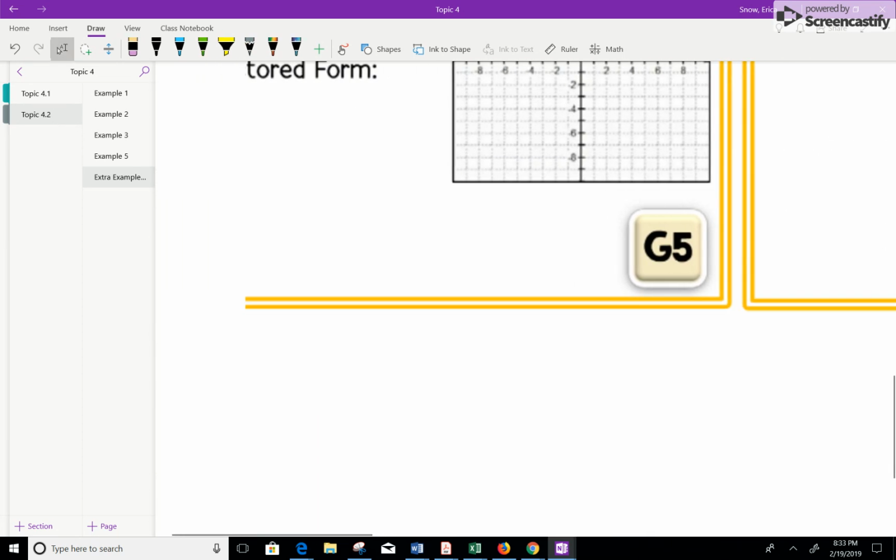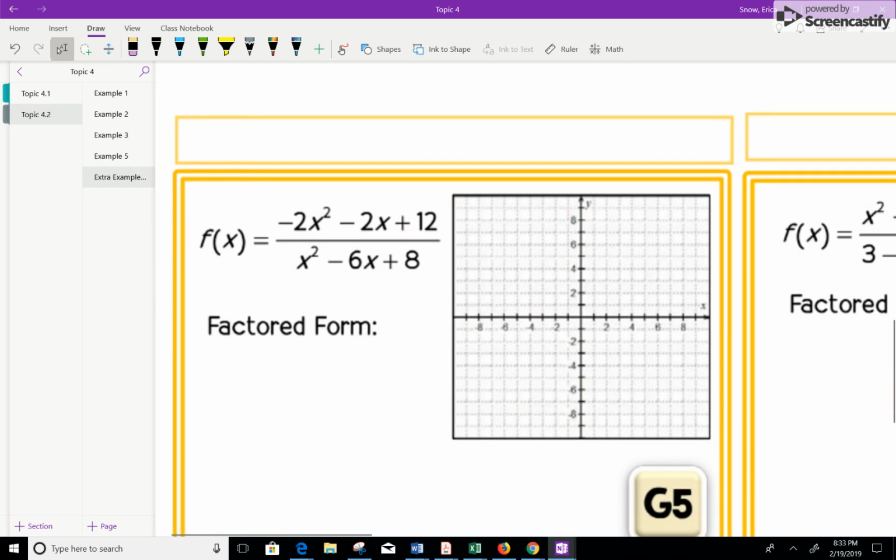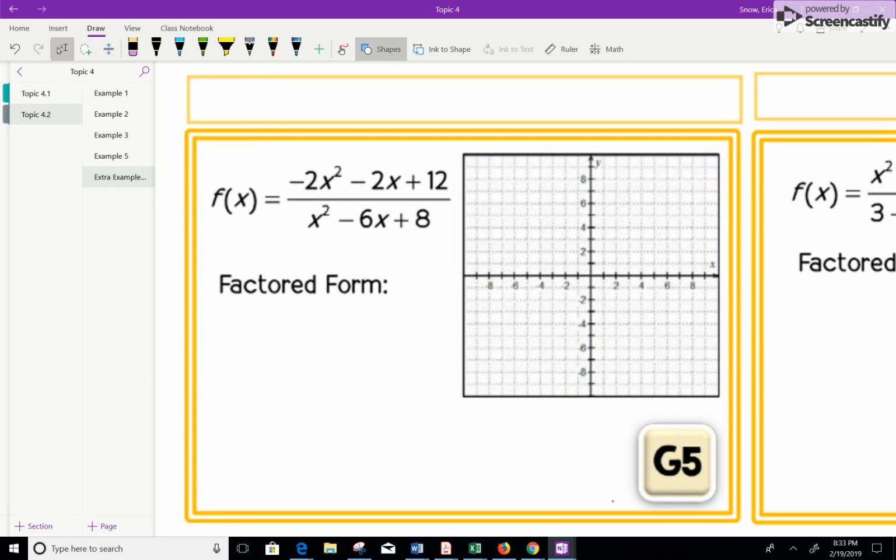Hopefully at this point, if we run out of time on the Screencastify, the Edpuzzle video, I'm not going to do any more. Okay, so now for this one, in order to factor it, I'm going to pull a -2 out of the top. So I get -2 times x squared plus x minus 6.